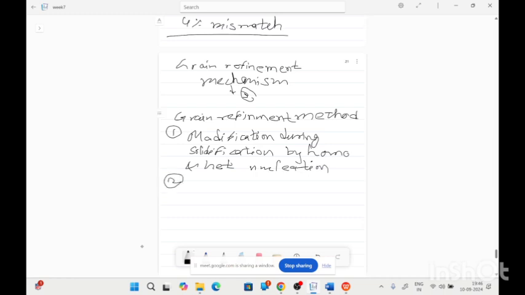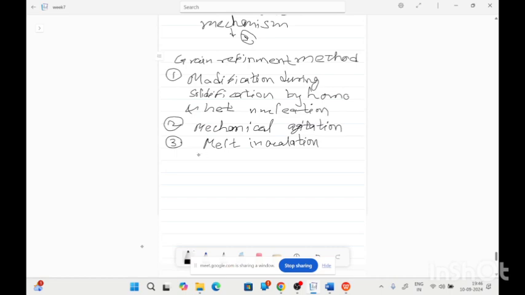Second is mechanical agitation and stirring. Third is the melt inoculation, in which suspended particles such as titanium, vanadium and zirconium are added to form intermetallic compounds. Those intermetallic compounds will help in heterogeneous nucleation.